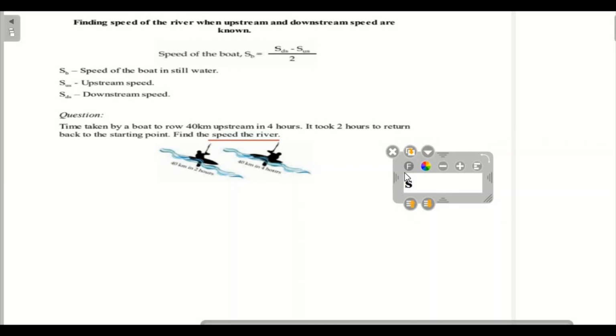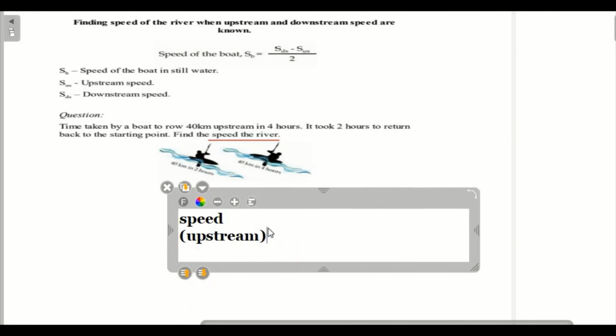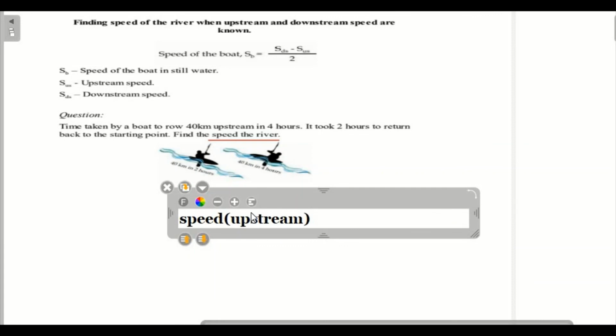For the speed in upstream, it is 40 divided by 4, which is equal to 10 kmph.